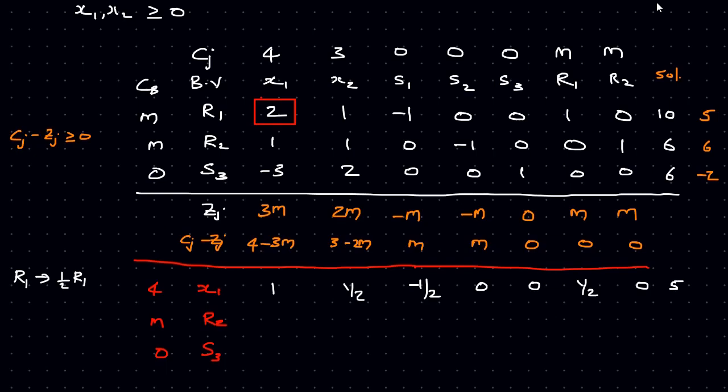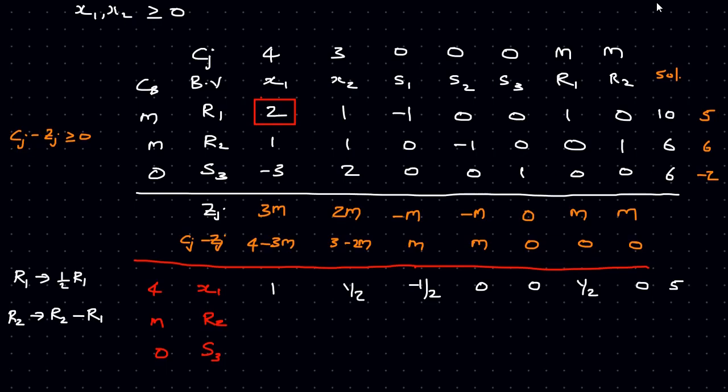Okay, so we have the first row, and then what we need to do is make this element, that's 1, from row number 2 to 0. So for that we have to do this operation. Row 2 should change as row 2 minus row 1. Because we have a 1 here and the value here is also 1, so we just write 1 minus 1.